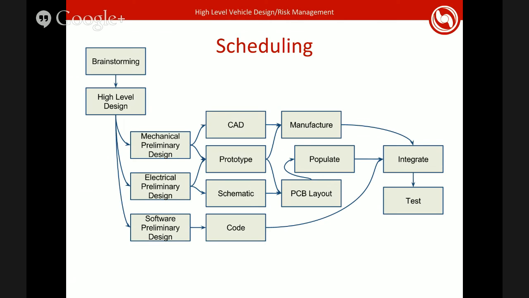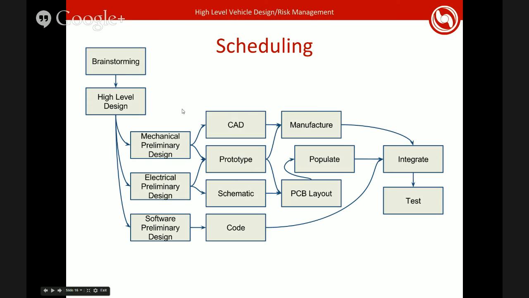So in standard scheduling, I just wanted to point out a couple of things here. Here's what our schedule generally looks like by subteam. You have your brainstorming, your high-level design, and then we split up into our subteams. Our subteams then do their thing.